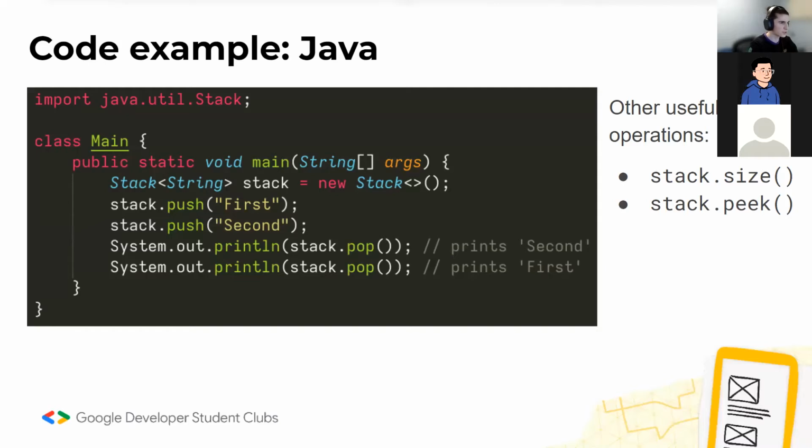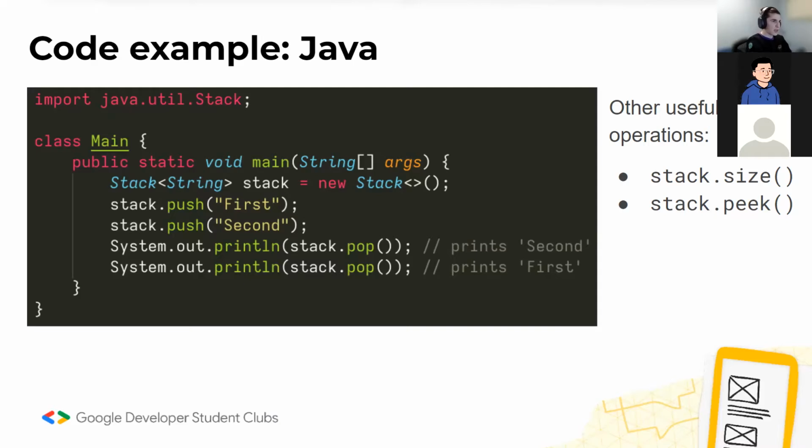Now that we've seen some practical examples, we'll show some concrete examples of how you might implement a stack in various languages. For instance, in Java, you would import the Java util Stack, a typical Java library, and then instantiate a new stack with the type String in this case, but it could be any type: an integer, a double, any object. Then you push onto the stack, which is what I said, where you put something onto the top.